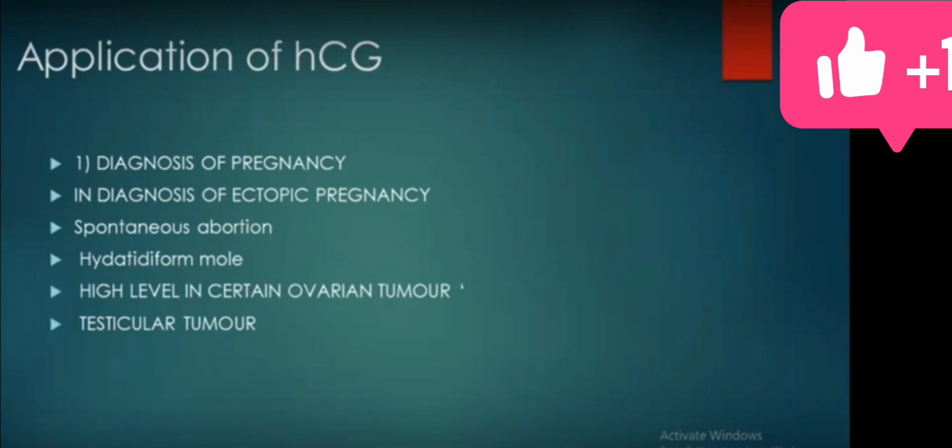Even in a non-pregnant woman, sometimes we can see an increased level of beta HCG. It is seen especially in certain ovarian tumors, and certain testicular tumors in males also have an increased serum beta HCG level. So we can use the same test in different contexts.